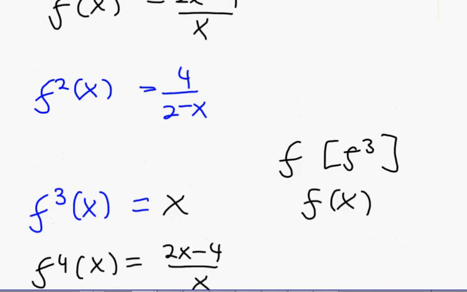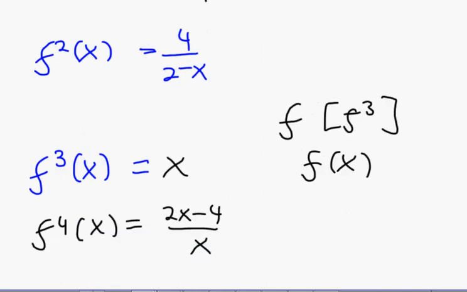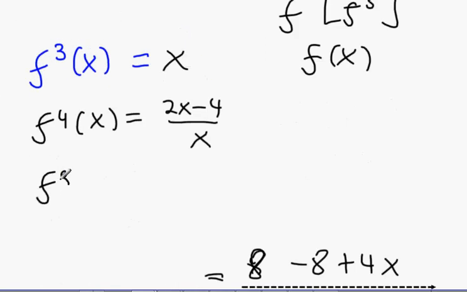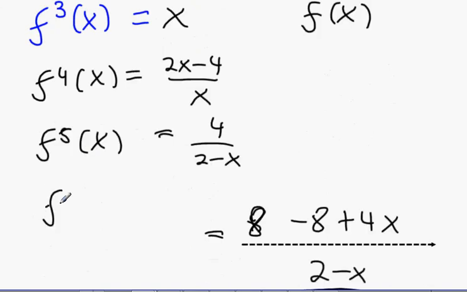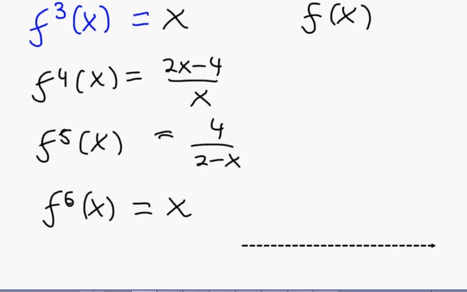F2 is going to be the same thing as F5. F5 is going to be 4 minus 2 minus X. And then finally F6 completes the circle back to X again. So look what happens here, guys. It completes a rotation every 3.